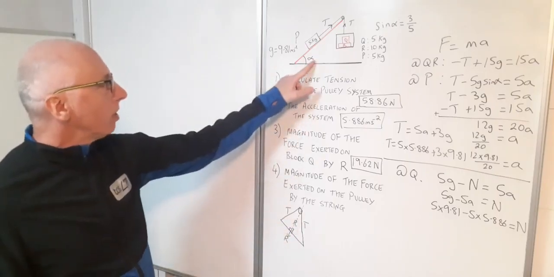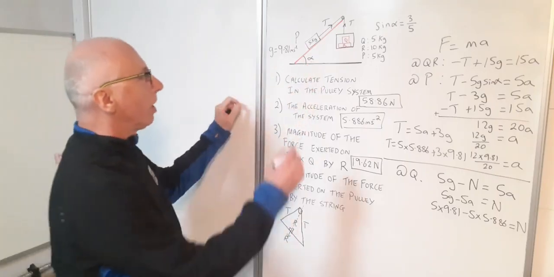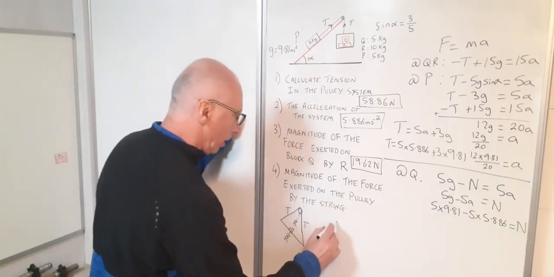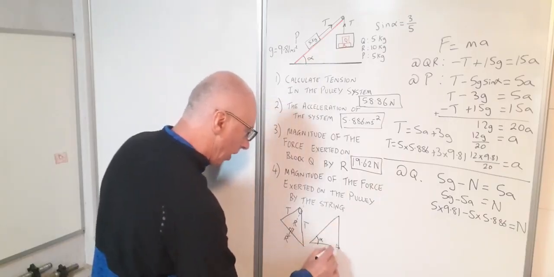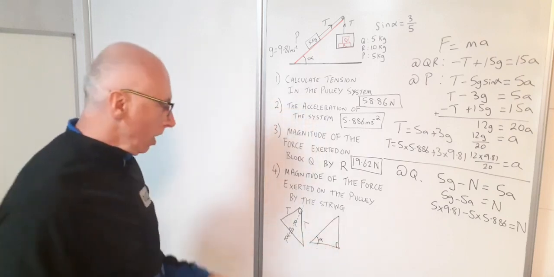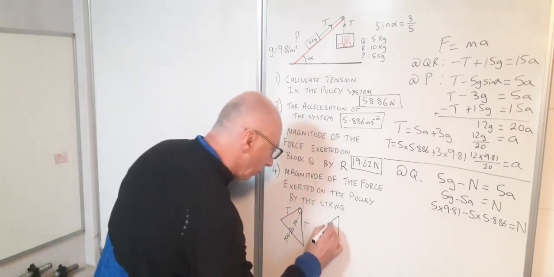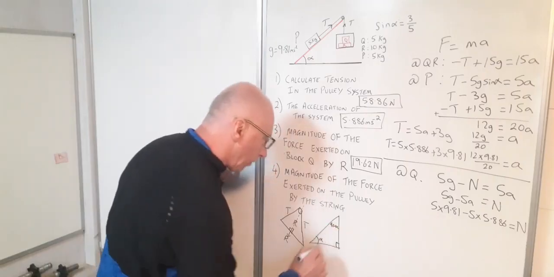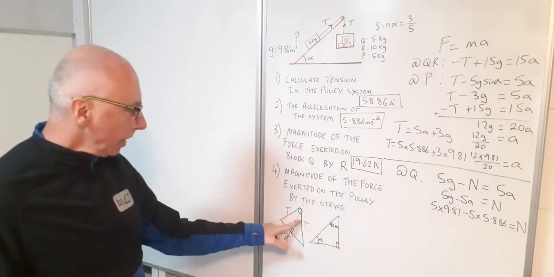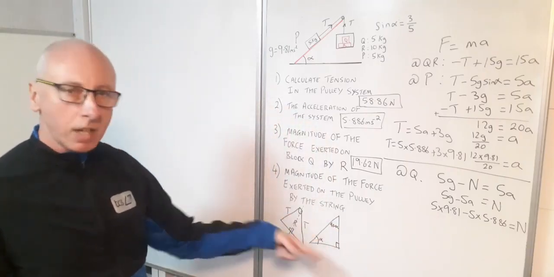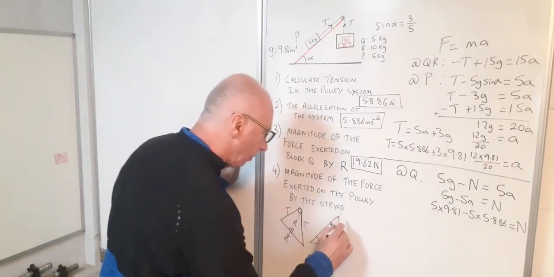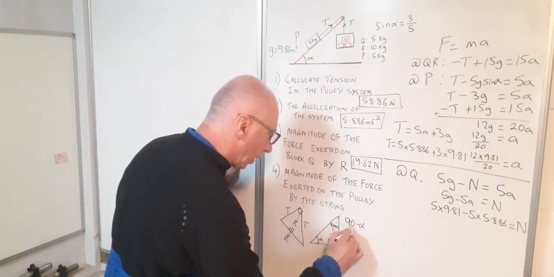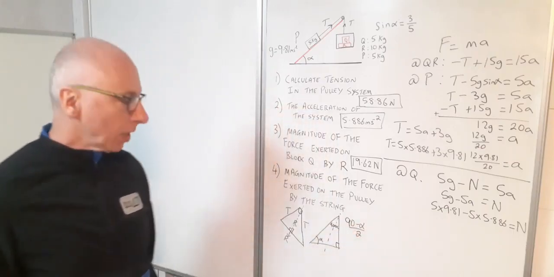Now we've got this system here in the pulley, which is alpha. So if I just draw that next to it, if this is my alpha and that's a right angle, this angle at the top will be 90 minus alpha. Now I'm going to split that in half, so I'll have 90 minus alpha over 2.